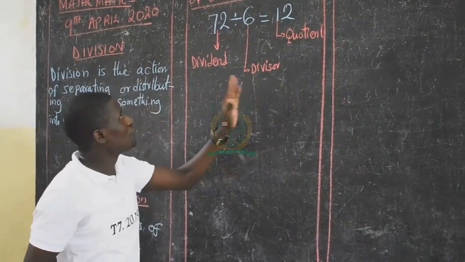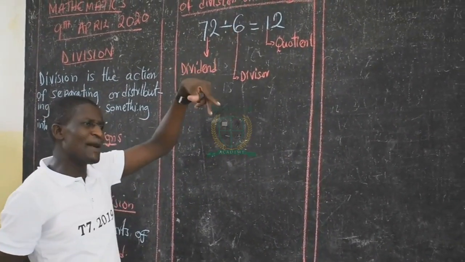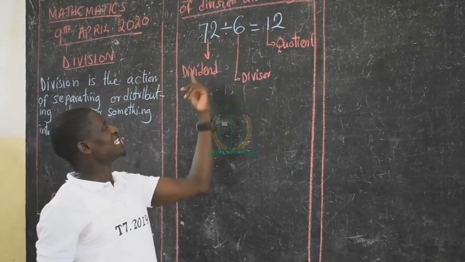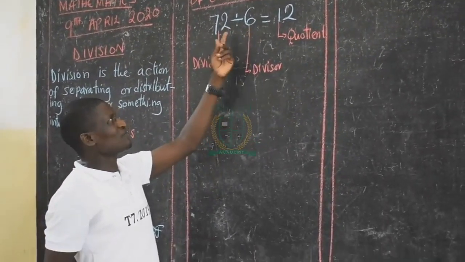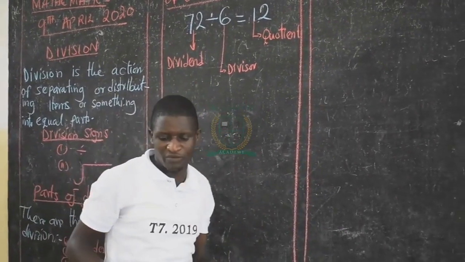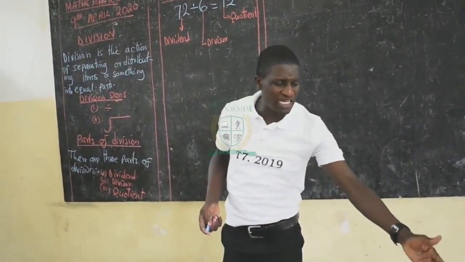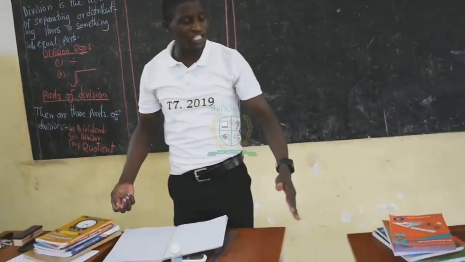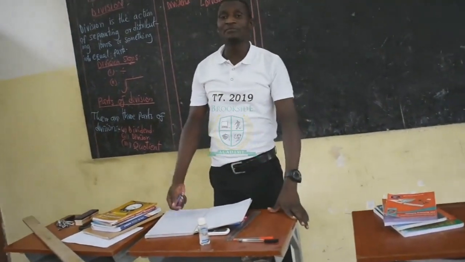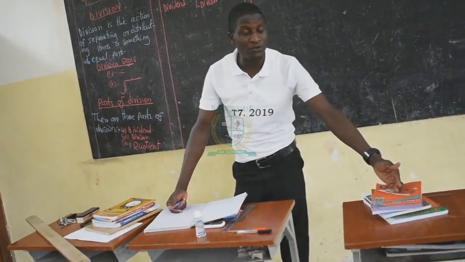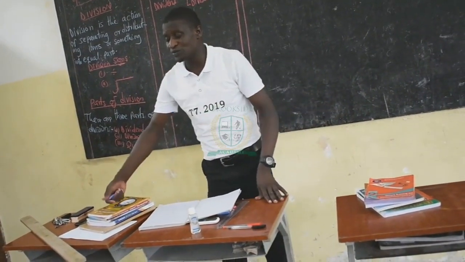The divisor is the number that is dividing the dividend, or the number that is dividing the item. For example, we said before that I had 12 books, and I subdivided them into 2 parts: on my left we had 6 books, on my right we had 6 books.